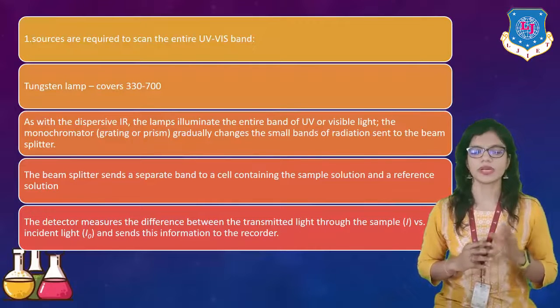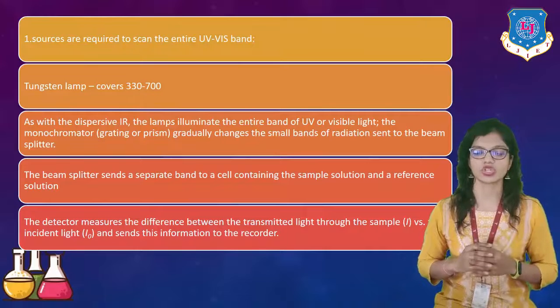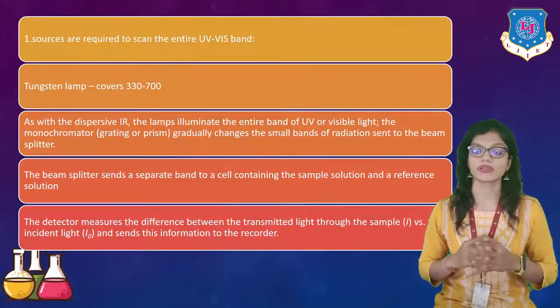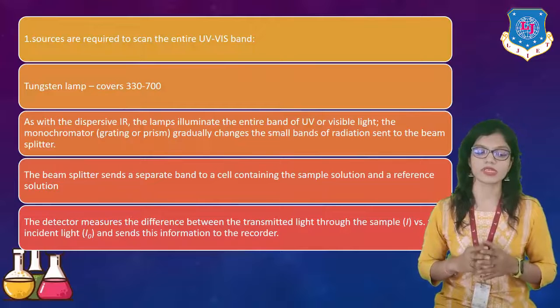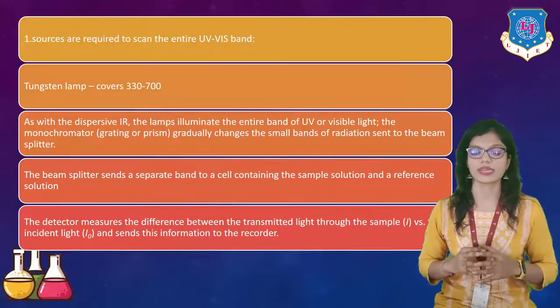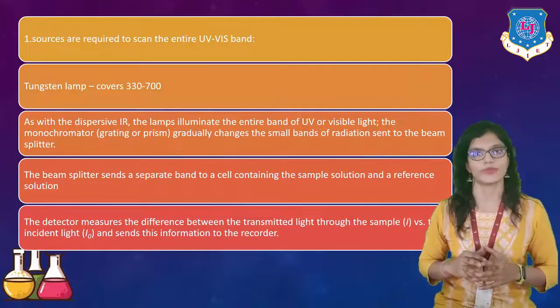The beam splitter sends a separate band to the cell containing the sample solution and to the cell containing the reference solution. Now, if we move further, the detector measures the difference between the transmitted light through the sample versus the incident light, that is I versus I0, and sends the information to the recorder.